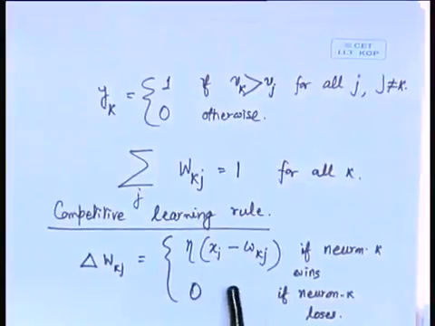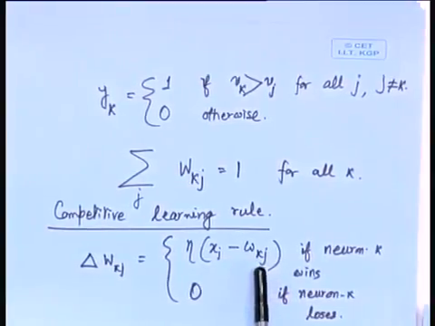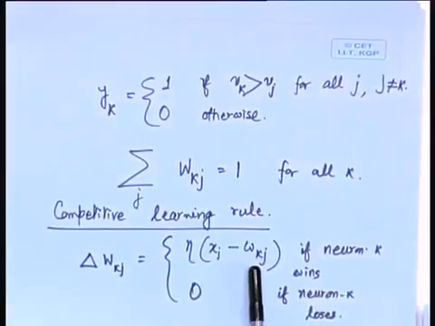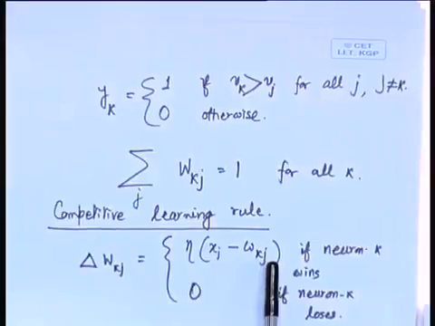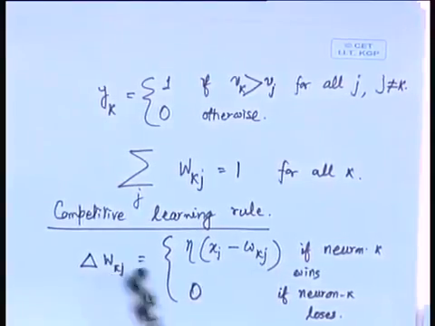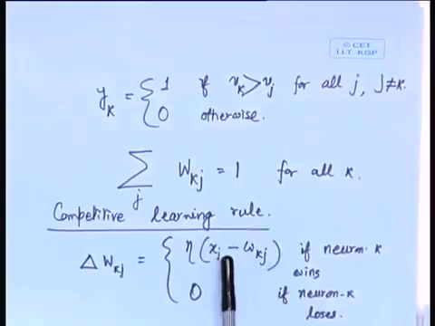So what do you conclude out of this? If Xj is very close to Wkj, then you are not adjusting the weight much. But if Xj deviates much from Wkj, then you are going to adjust it heavily, with delta Wkj as a large quantity.